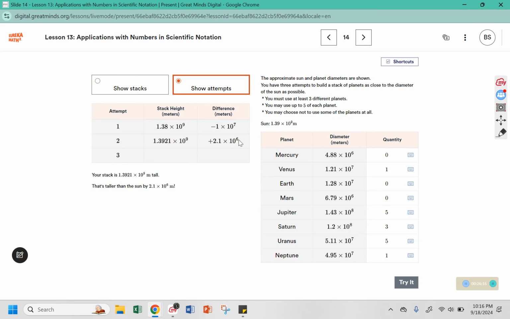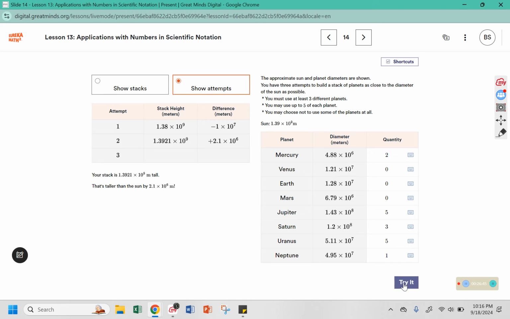Now we are a little bit over. We are a little bit taller than the sun by about 2.1 times 10 to the 6th. So maybe instead of adding one of these, maybe we add 2 of these. Because this would be about 5, and 2 5s would be almost 10 instead of 12.